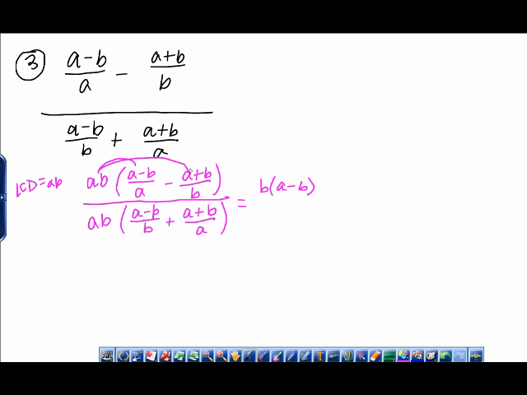Okay, likewise, in the next one, minus, okay, AB over B, I would be left with just A times A plus B, and I'll distribute in the next step, and you can predict that things are going to simplify. All right, this next one, AB over B, I would be left with A.